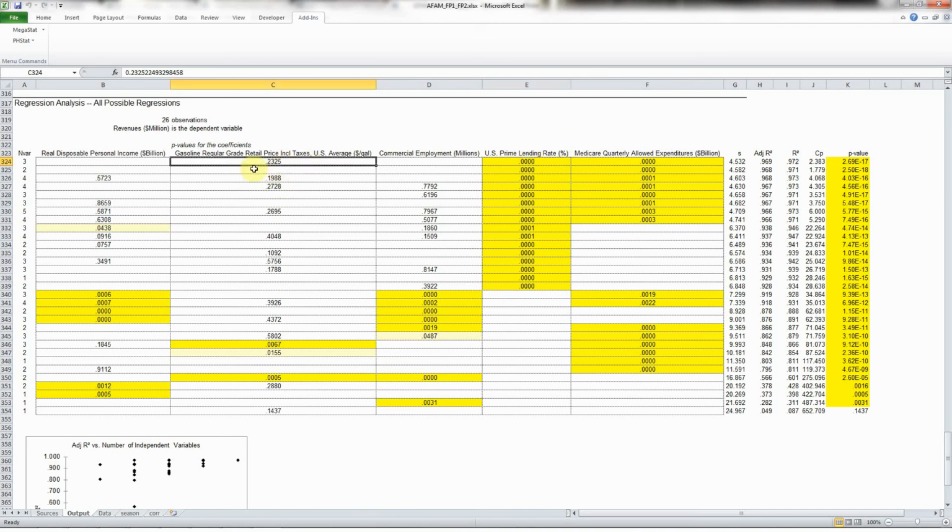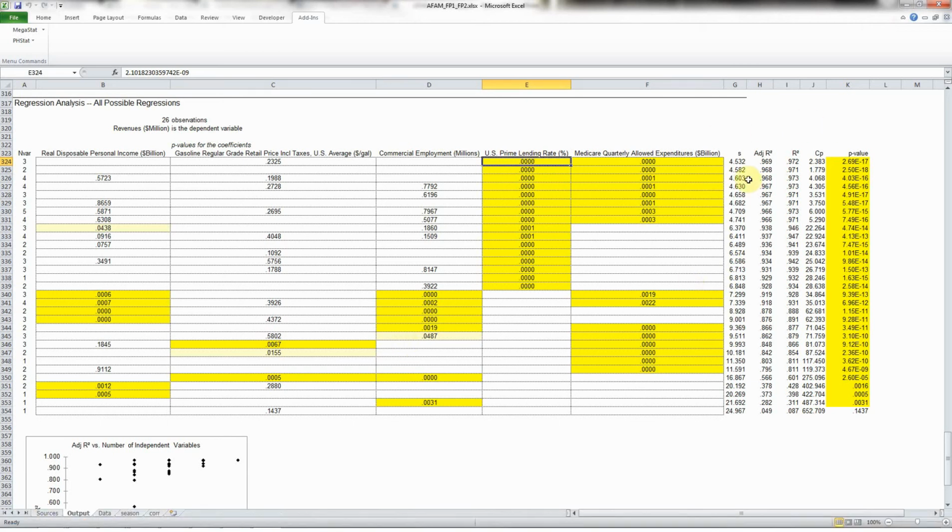We see that the p-value for the gasoline coefficient is actually higher than 0.05, so we are not that confident that the slope for this is not zero. If we have our choice, we want all slopes to have high confidence that they're not equal to zero.